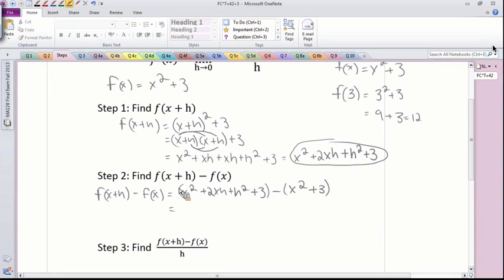In this first expression, the coefficient is just 1, so multiply everything by 1, everything stays the same. x squared plus 2xh plus h squared plus 3. In the second expression, there's a negative 1 behind the parentheses, so I'll distribute negative 1, and we'll get negative x squared minus 3.